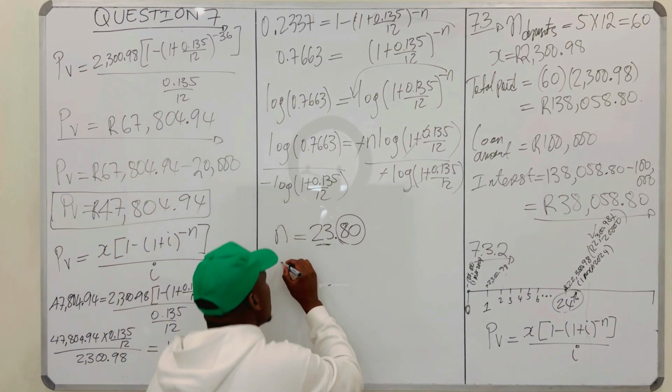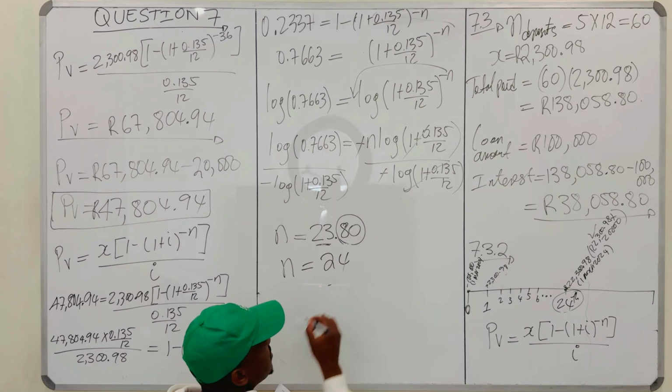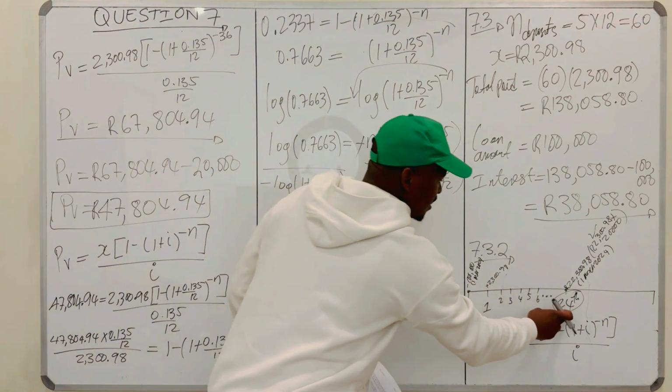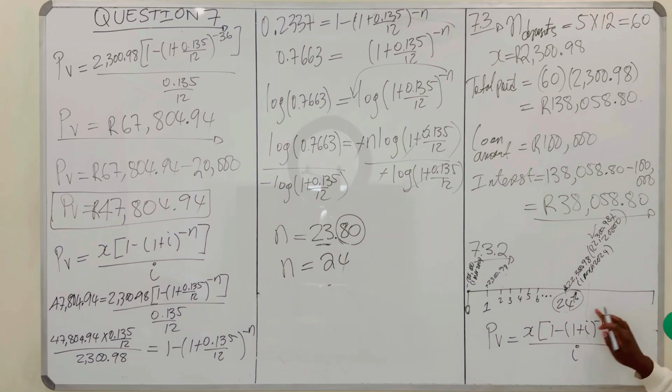Which means the total number of payments that had to be made is 24 payments. Which means from here, he will make 24 more payments, which will bring the person to 48 payments.